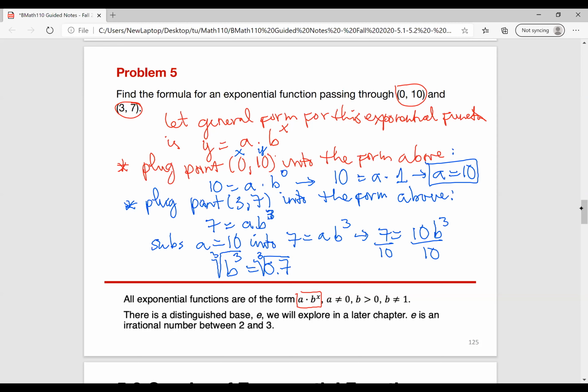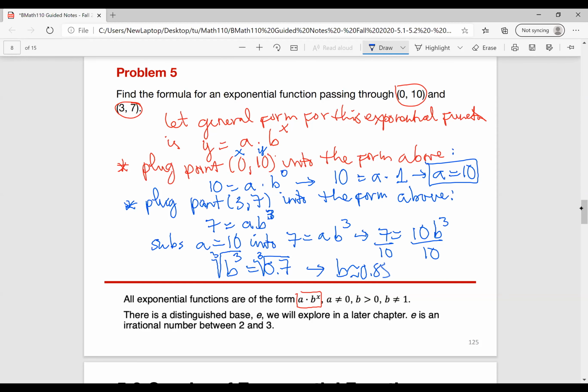Cube root. Then you're going to have, it's not a good number. It's going to be 0.8879 something. So I may have to write b equal to 0.8879.